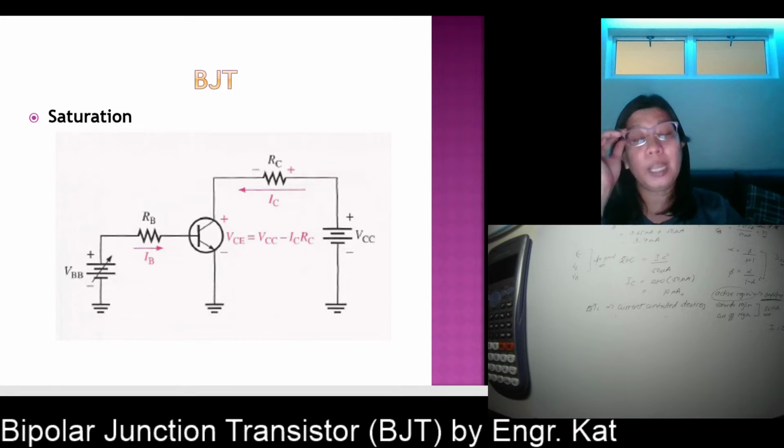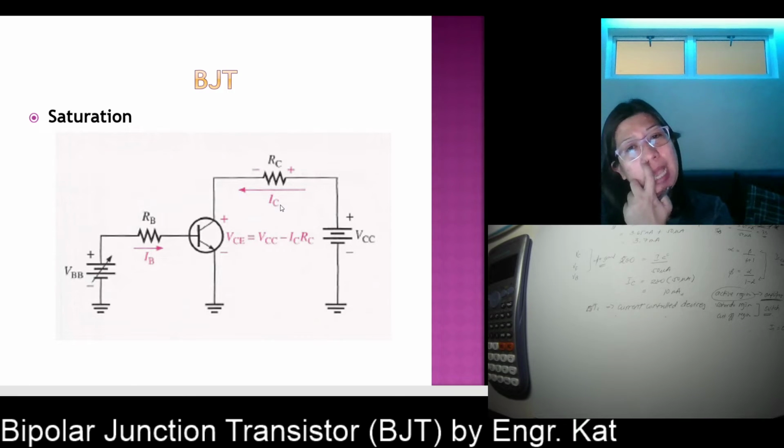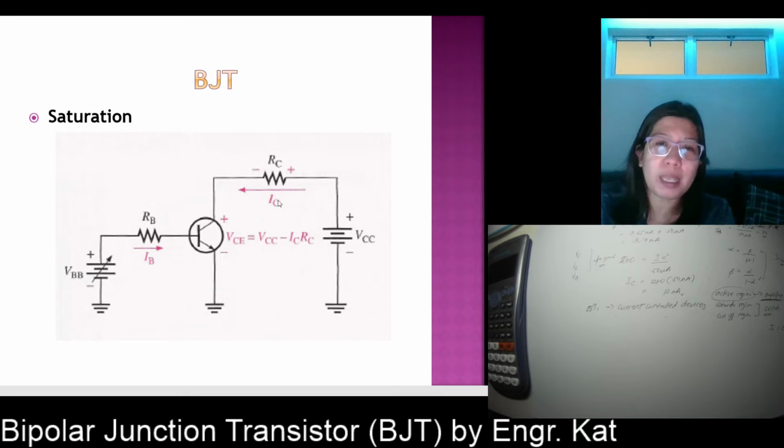So at saturation, what happens? This is varying IB, so your base is no longer open, so IB is existing. And then what happens to your IC? IC is maximum. When IC is maximum, your drop across ICRC is equal to your VCC. So that means VCC minus ICRC is equal to 0.